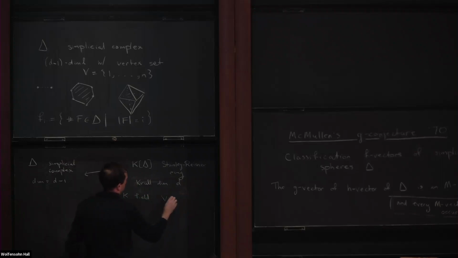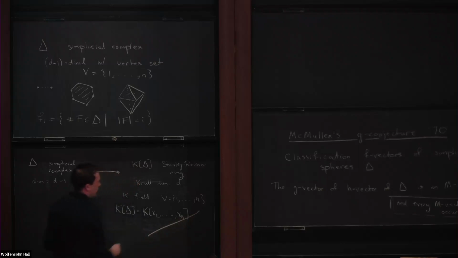And recall that my vertex set was 1 through n. So what is this ring? You just take a polynomial ring indexed by the vertices. And then you quotient out by an ideal.